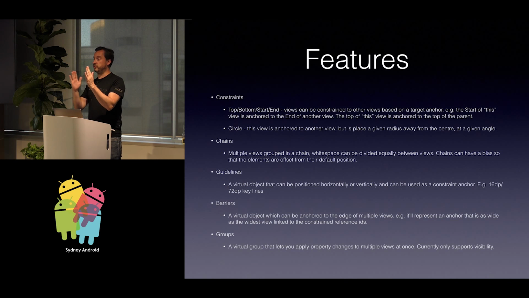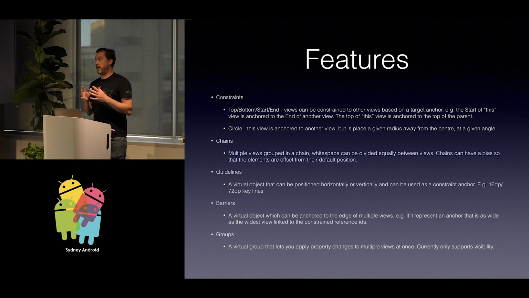So you can set up these kind of constants that are useful. You can have one at 50% if you want to lay out something in the middle of the screen and lay out things just either side of that. These guidelines can be vertical or horizontal, and you can position them based on an absolute dp value or based on a percentage of the parent that it's in.